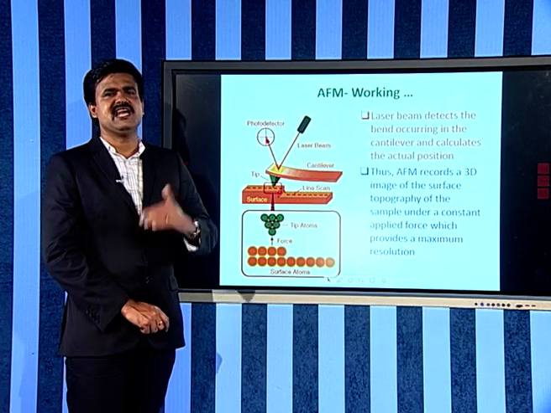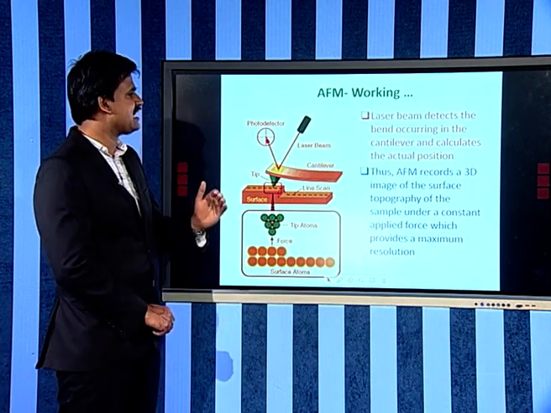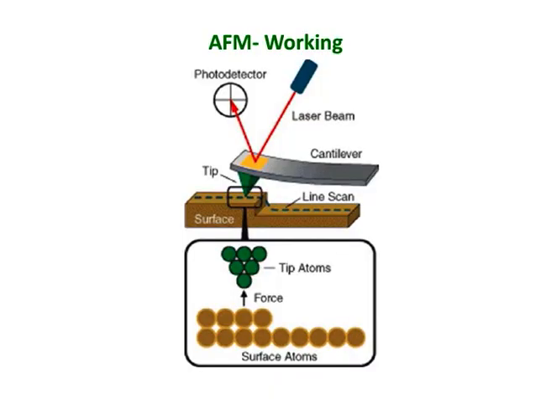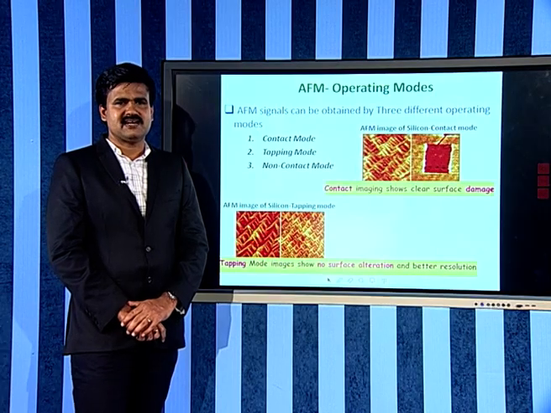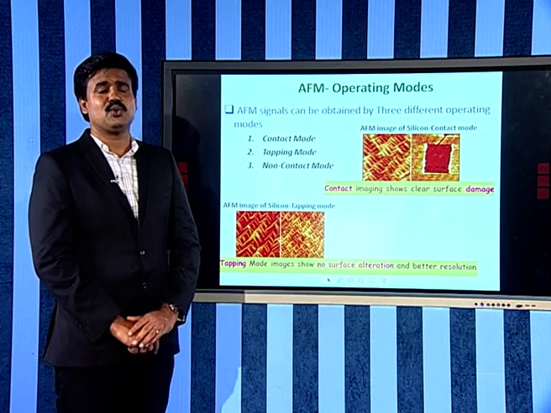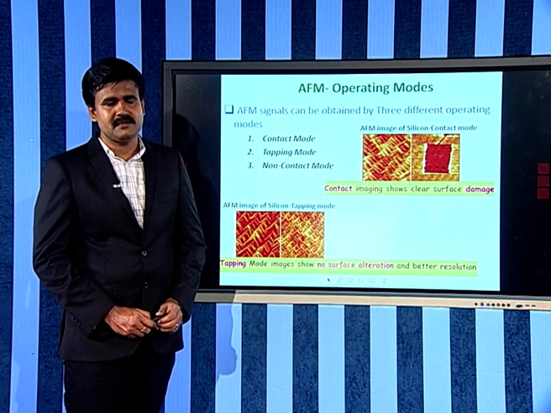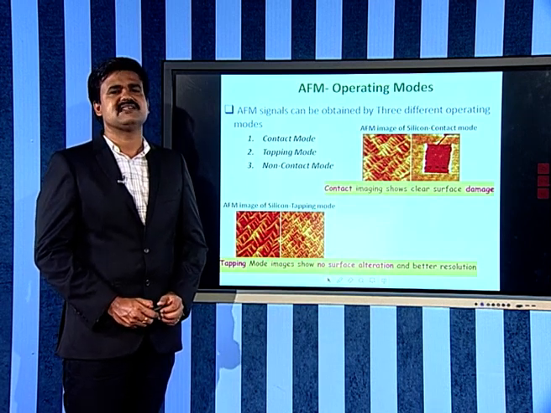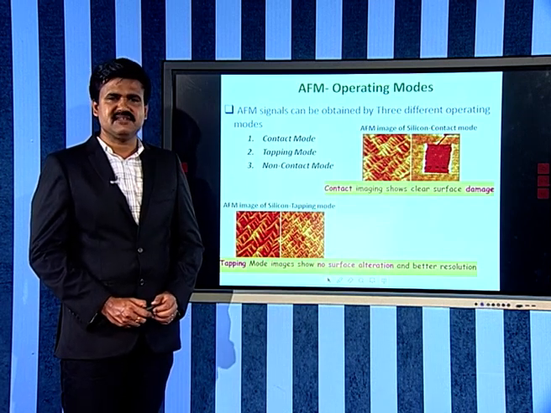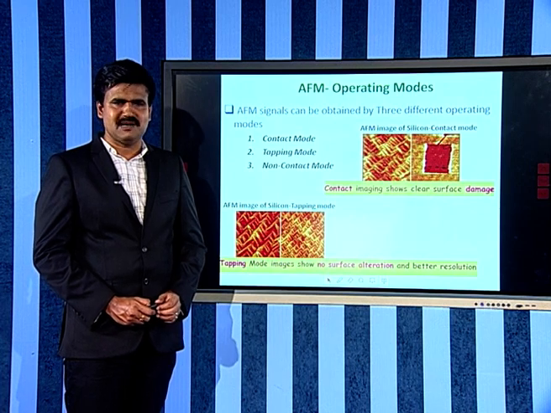That is, AFM records a three-dimensional image of the surface topography of the sample under a constant applied force, which provides maximum resolution. There are three important operating modes for atomic force microscopy. In each case, we will get different information about the sample.